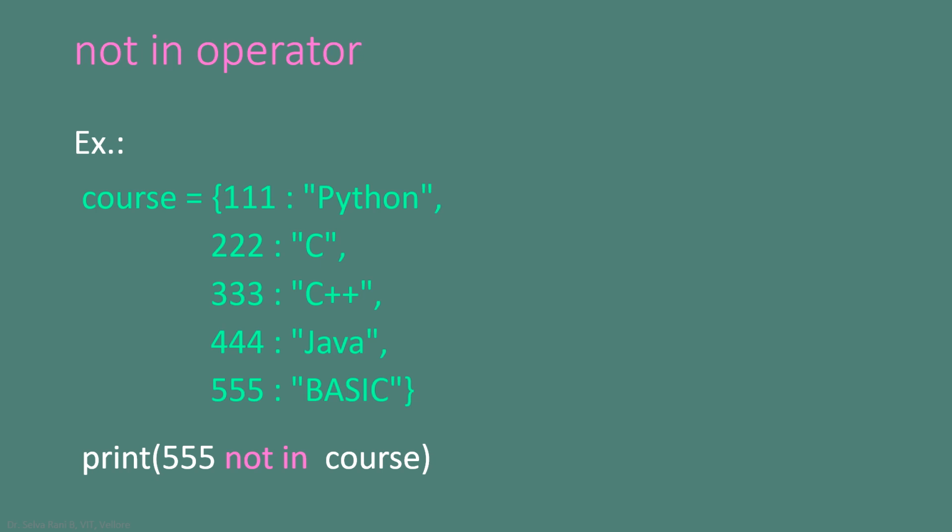Since it is present, this not in statement will return false. If we give 888 not in course inside this print statement, this will return true since 888 is not part of the dictionary course. The result is true.